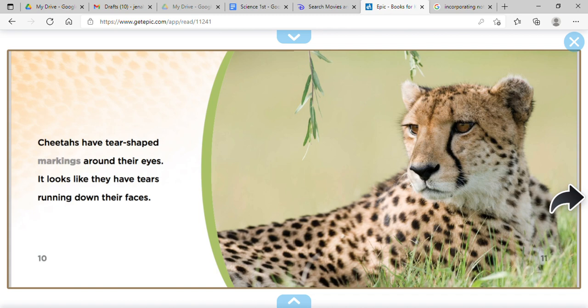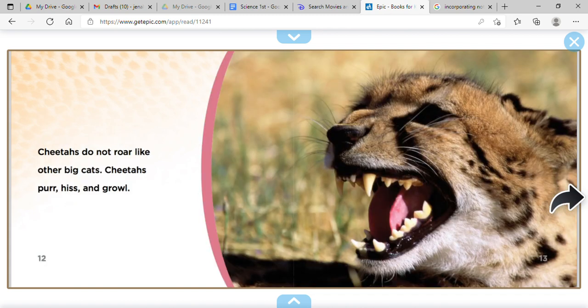Ready? Cheetahs do not roar like other big cats. Cheetahs purr, hiss, and growl. Can they do other things like the hiss? Yeah, so they said cheetahs can purr, hiss, and growl, but they can't roar.